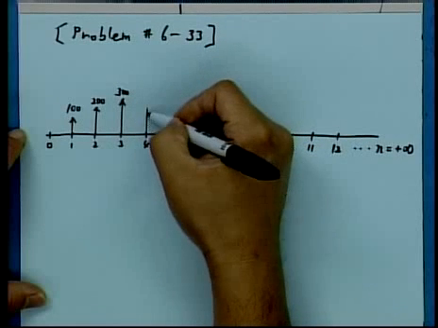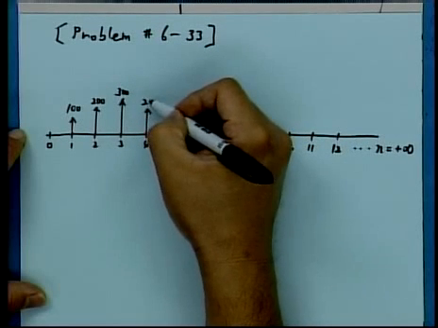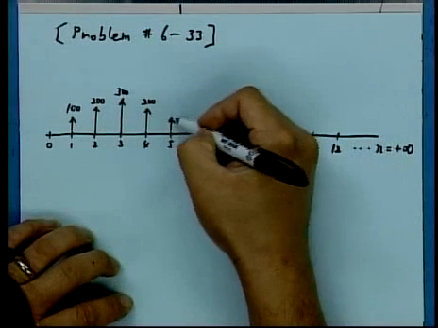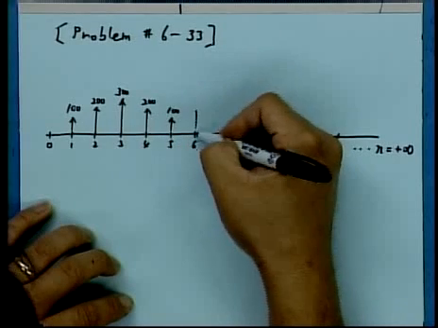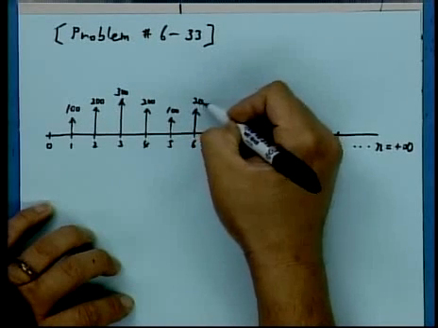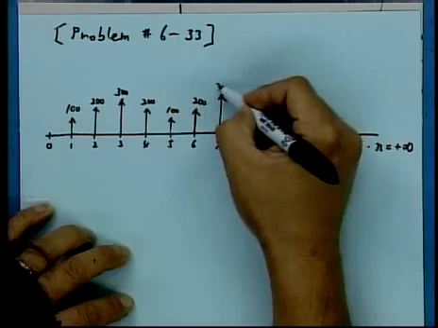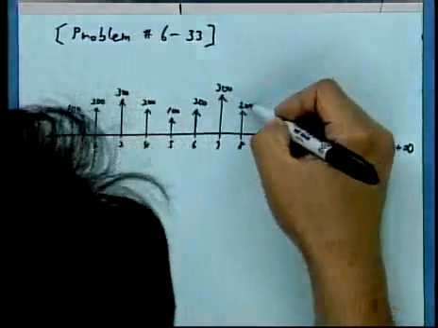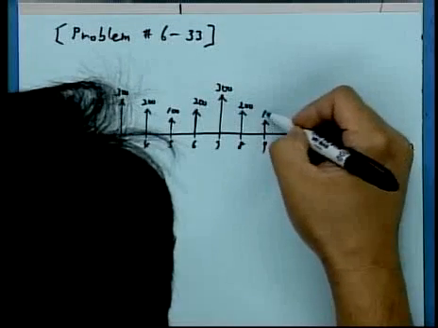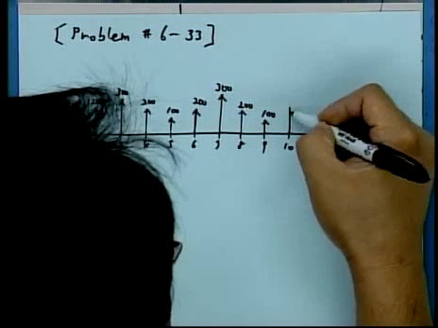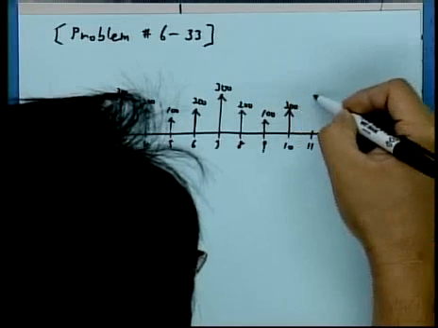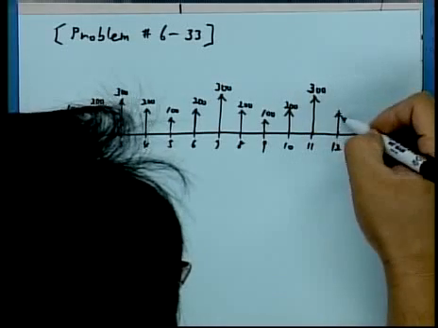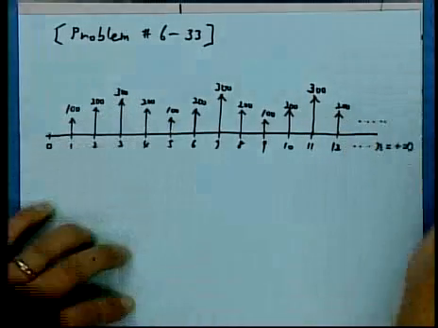And then at the end of period 4, 200, and so on: 100, 200, 300, 200.